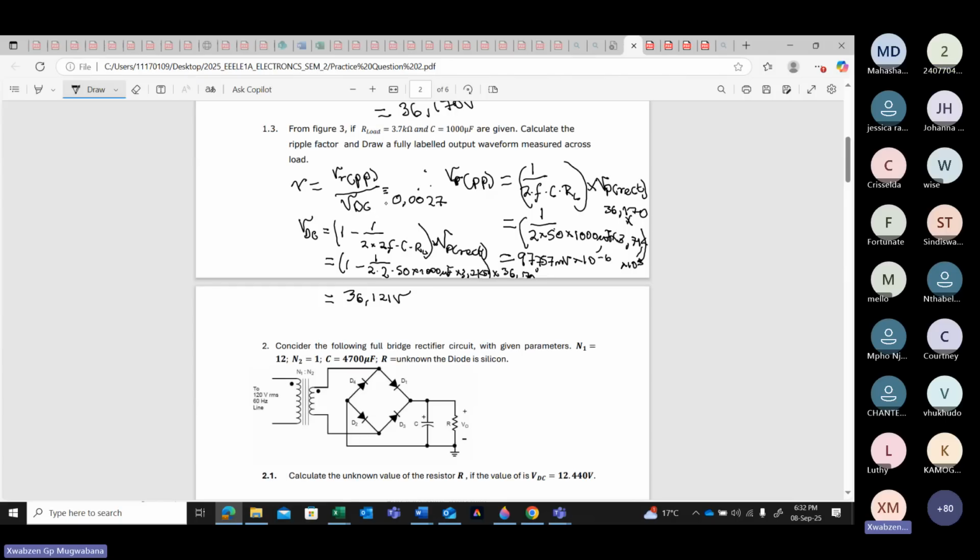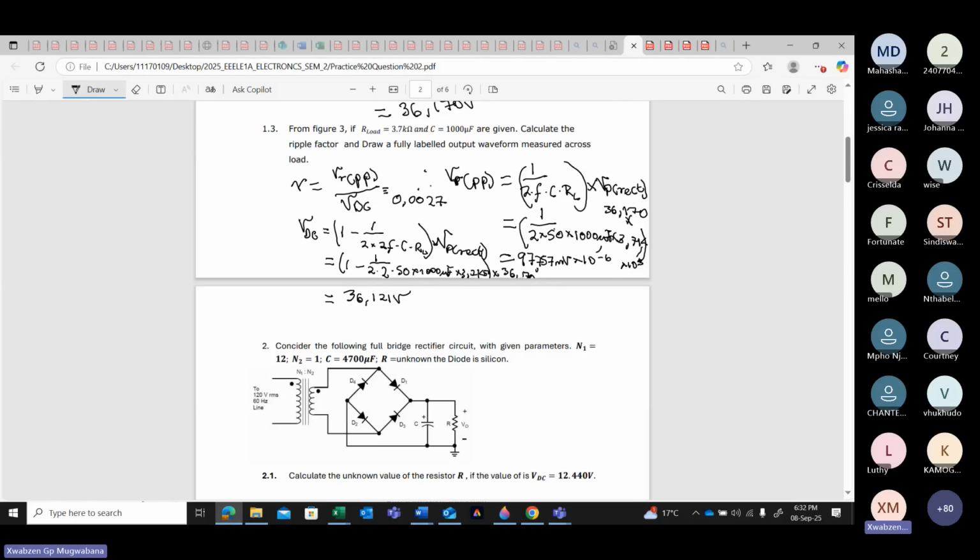If you multiply this by 100, you get 0,27%, but you can put it in percentage or leave it as it is. It is still the same to me. That is your ripple factor.